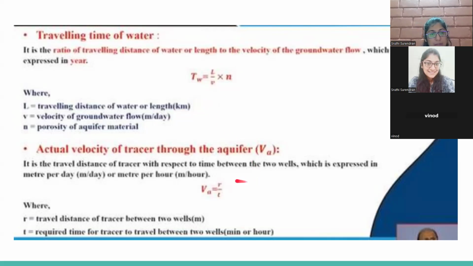Actual velocity is nothing but the distance traveled by the tracer over the time required for the tracer to travel between these two wells.